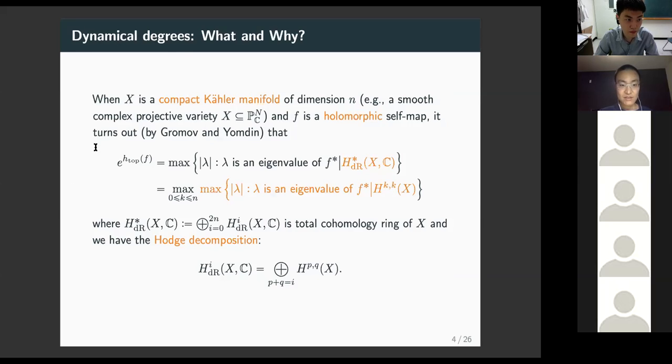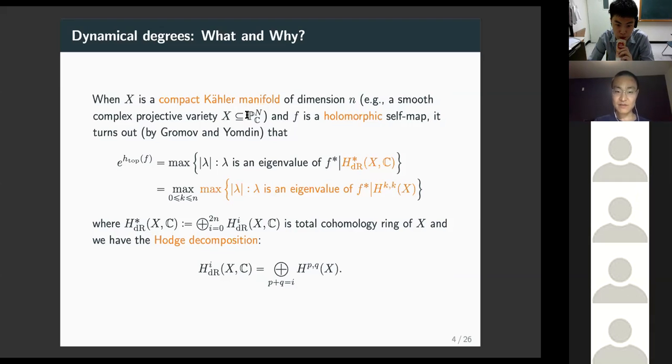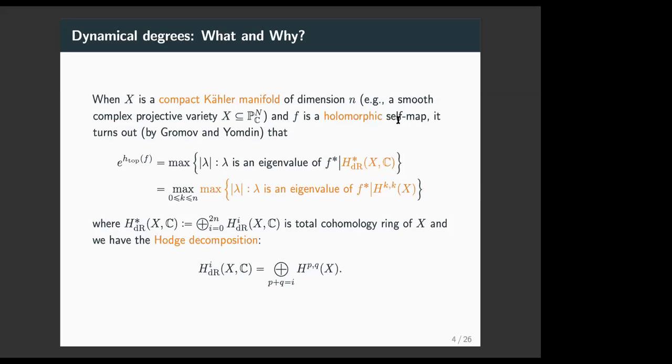But when X is a compact Kähler manifold of dimension n, for example a smooth complex projective variety X in some ambient projective space P^N, and f is a holomorphic self-map, then it turns out that the topological entropy is equal to the logarithm of the maximum of all eigenvalues of the induced pullback action on the cohomology ring.